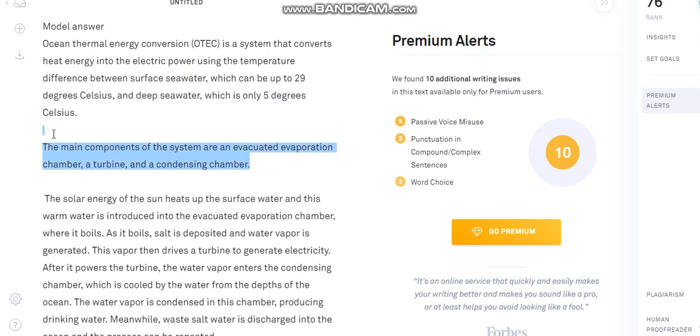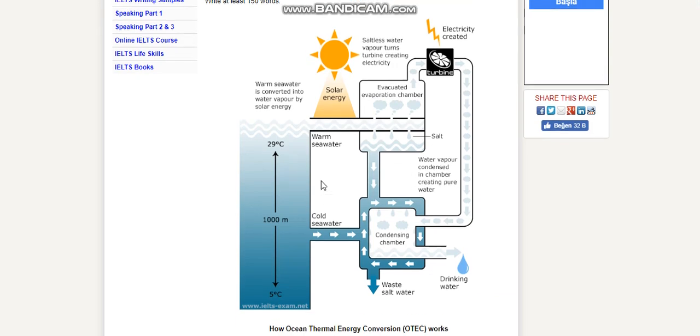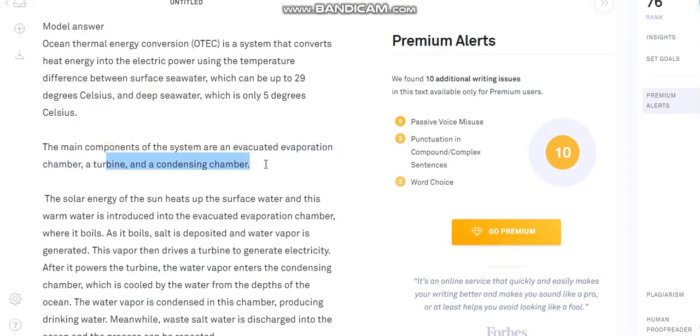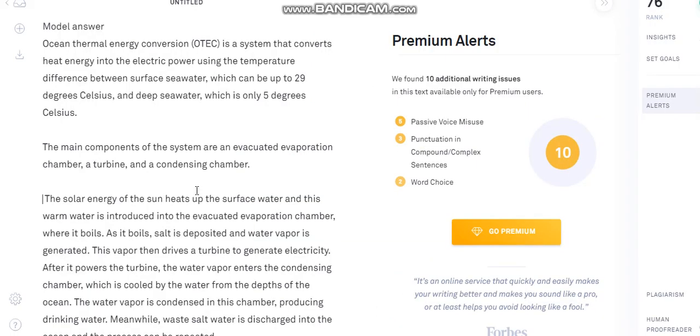It is the way to express yourself in writing. So if you have no idea about what they are, you can just use the words "main components of the system." So these names of the system are already introduced here.